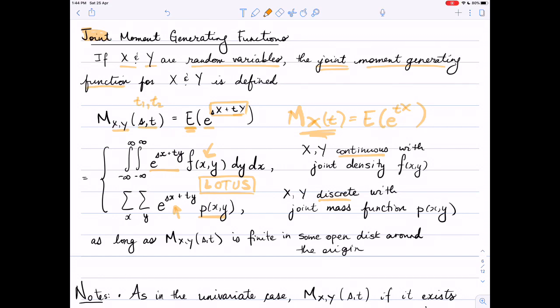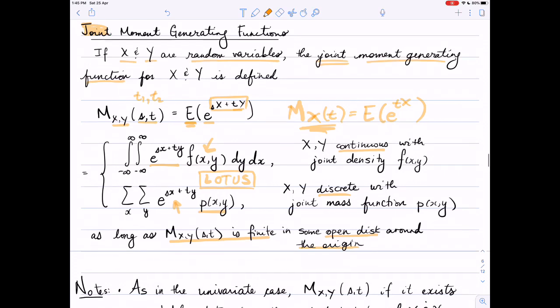And similar to the one variable case, the MGF formula must be finite somewhere. This has to be an open disk now instead of an open interval around the origin.